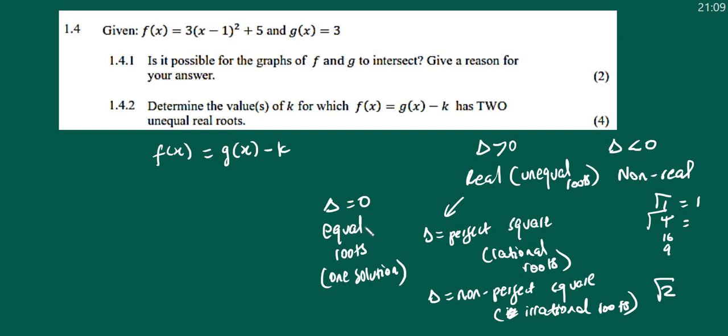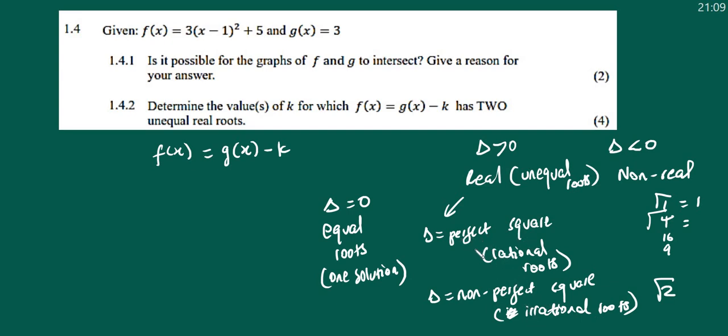Equal to 0, equal roots. Greater than 0, unequal roots. But those unequal roots will either be rational unequal roots or irrational unequal roots.